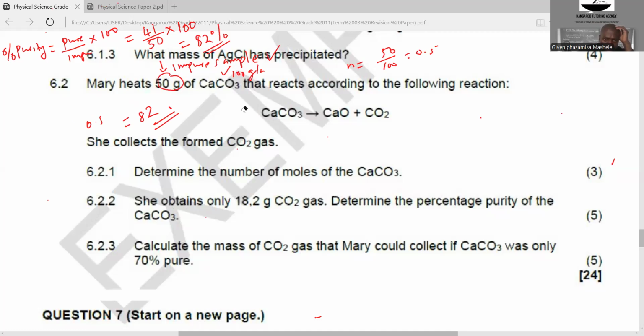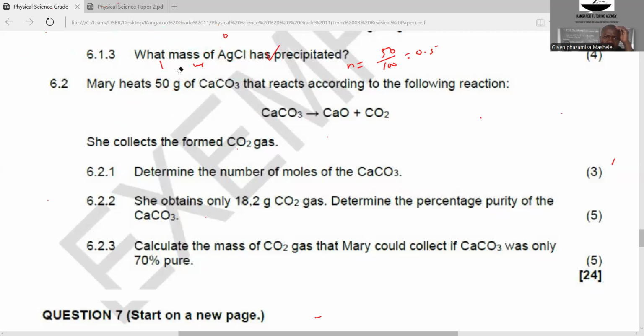Okay, all right. Then now, the other one is 6.2.3, it says calculate the mass of carbon dioxide gas that Mary could collect if calcium carbonate was only 70% pure.